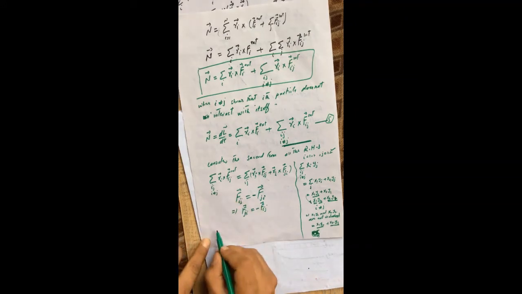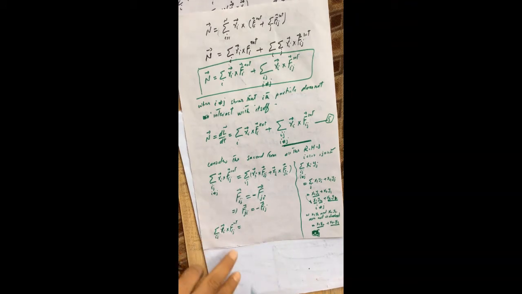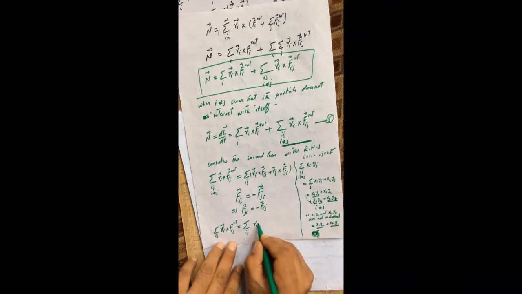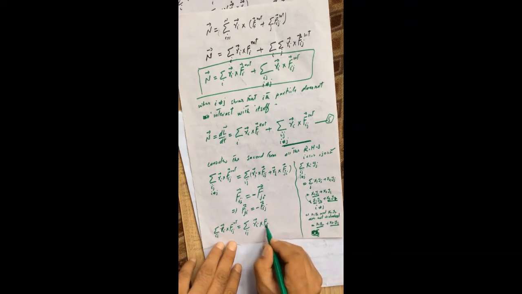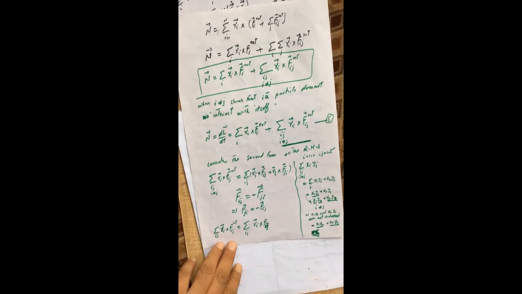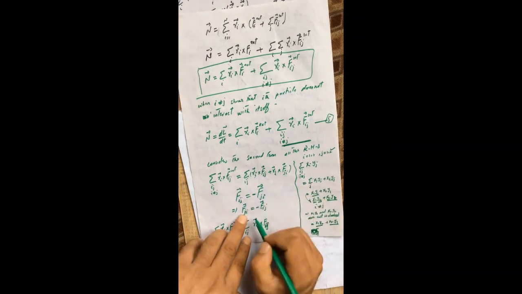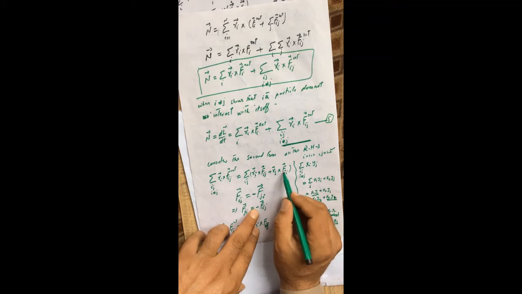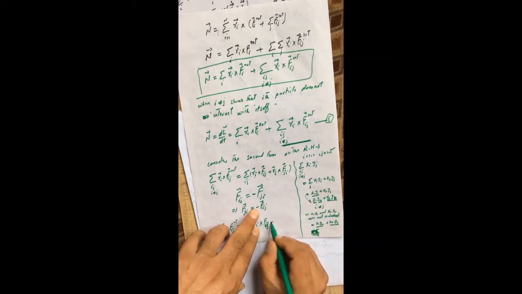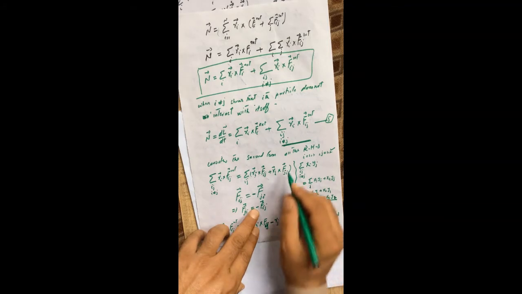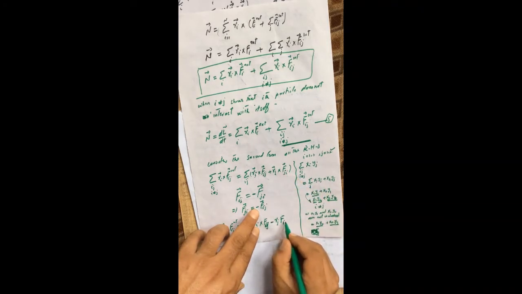So the sum over i, j of ri cross Fij internal will be equal to the sum over i, j of ri cross Fij plus rj cross Fji, and replacing Fji by minus Fij, the plus becomes minus, and we have rj cross Fij.